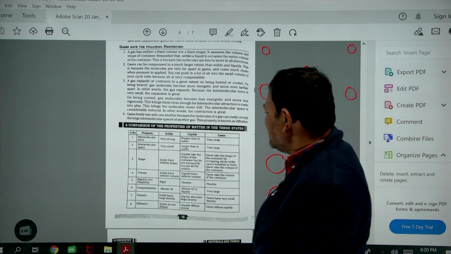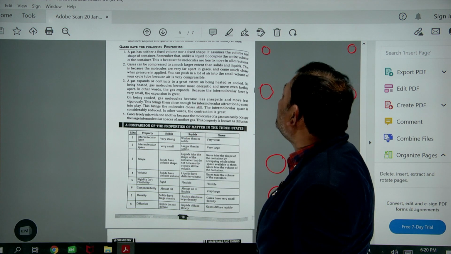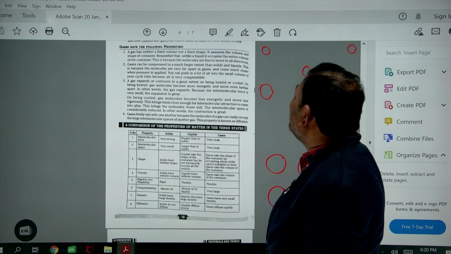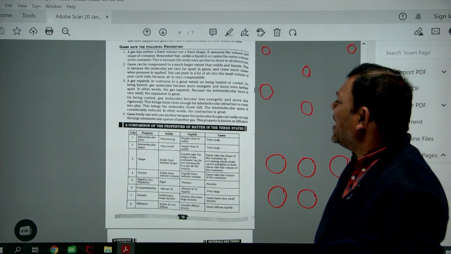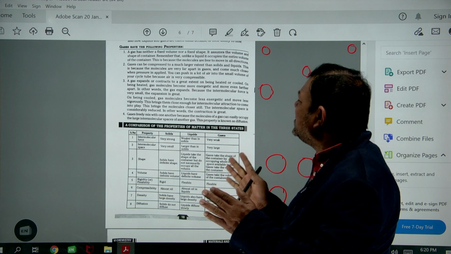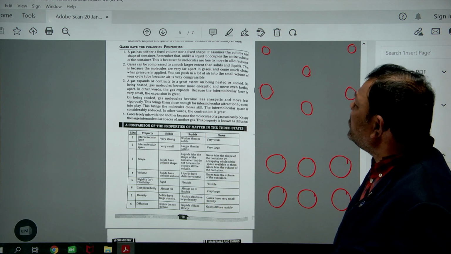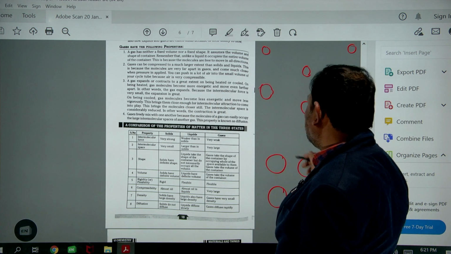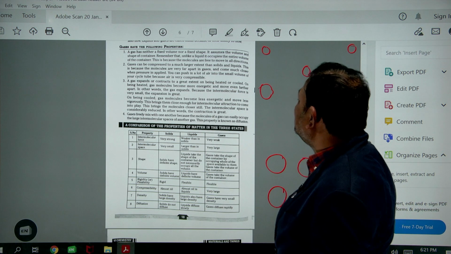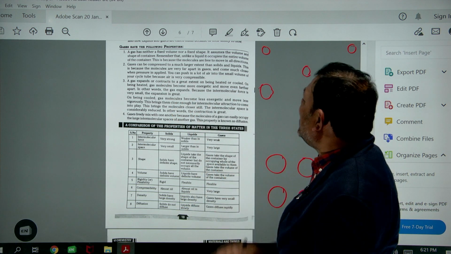Second point: gases can be compressed to a much larger extent than solids and liquids. This is very important. This is because the molecules in gases are very far apart and come much closer when pressure is applied.